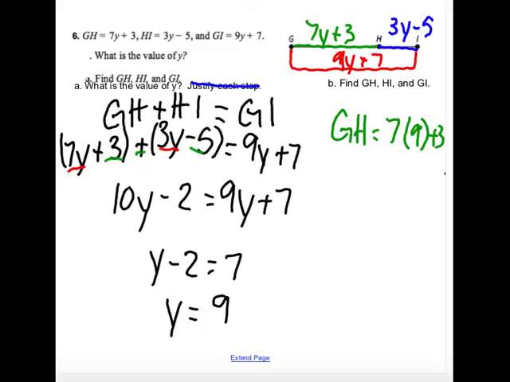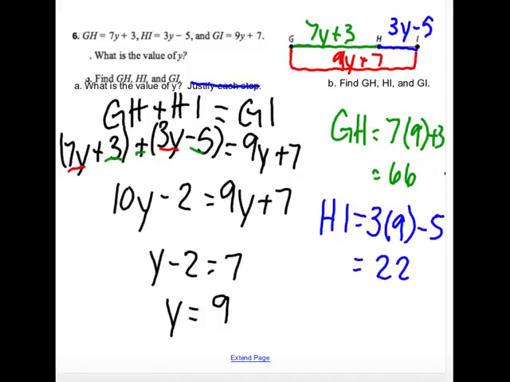So I got 7 times 9 plus 3, and that gives me 66. So GH is 66. Next, I got HI. HI is 3 times Y, which is 9, minus 5. So I plug in my calculator, 3 times 9 minus 5, and I get out 22.